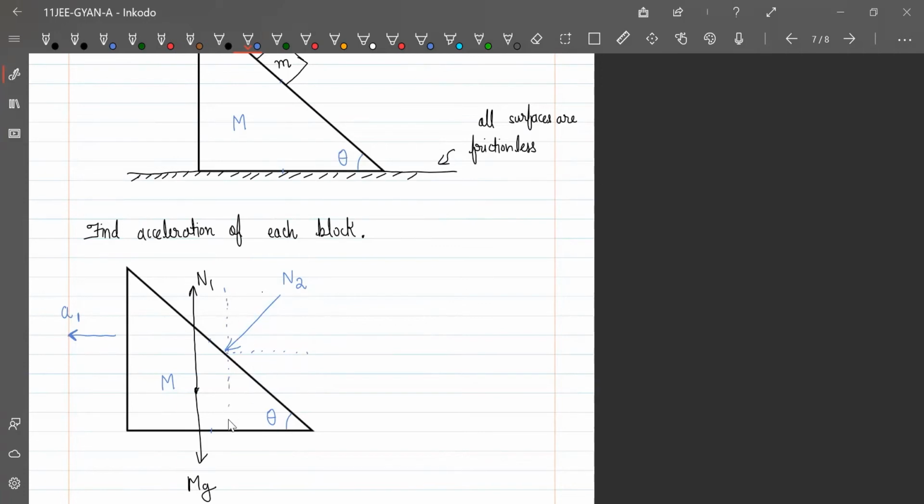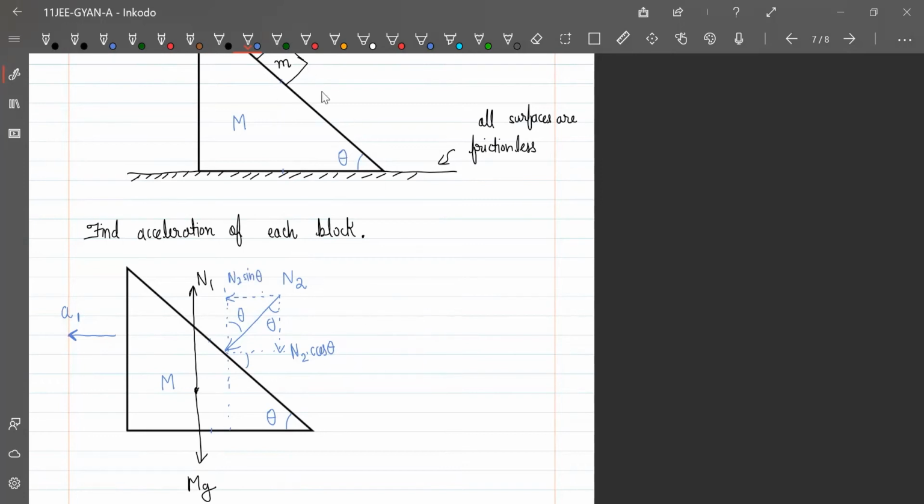So if this angle is theta, then this angle is theta. That means this angle is theta. So I can take component in two directions. On the downward direction, I have N2 cos theta, and here I have N2 sin theta.